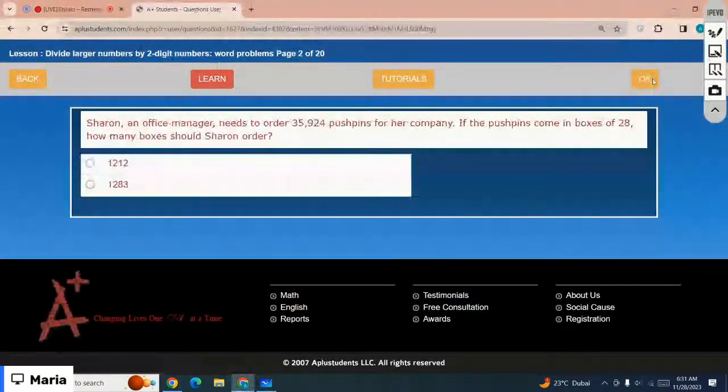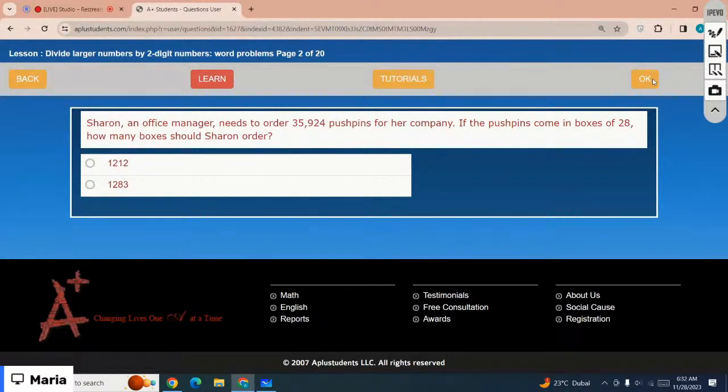Okay, Sharon, an office manager, needs to order 35,924 push pins for her company. If the push pins come in a box of 28, how many boxes should Sharon order?